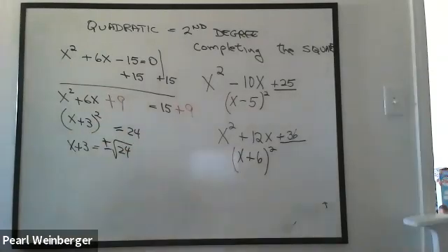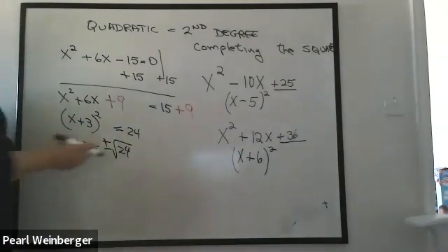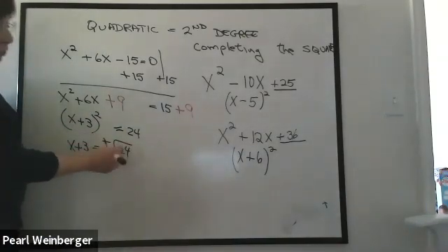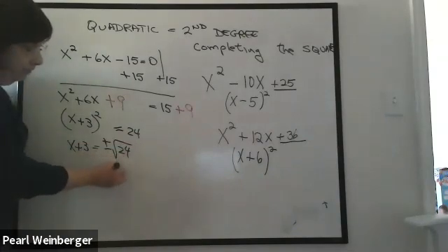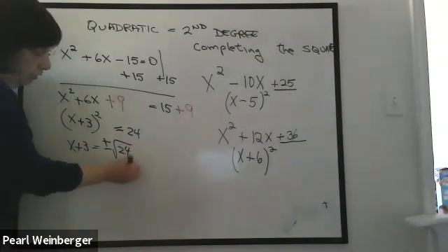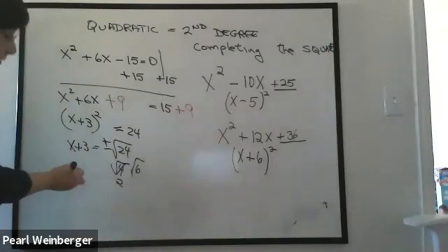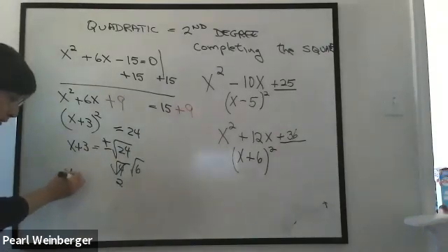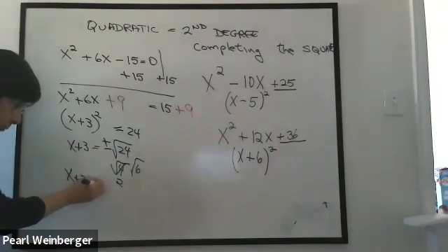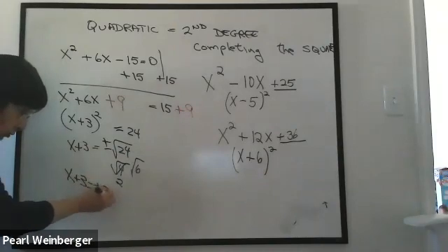Now, the square root of 24 is not a perfect square, it is an irrational number, but I can simplify it to the square root of 4 and the square root of 6. And the square root of 4 is 2. So this becomes x plus 3 equals plus or minus 2 radical 6.